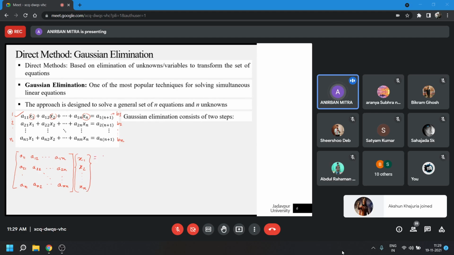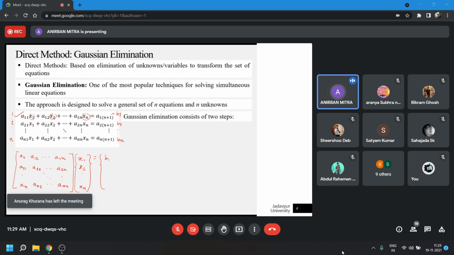And that is equal to the right hand side, which you can write as b1, b2 going up to bn. So this matrix is known as the coefficient matrix.